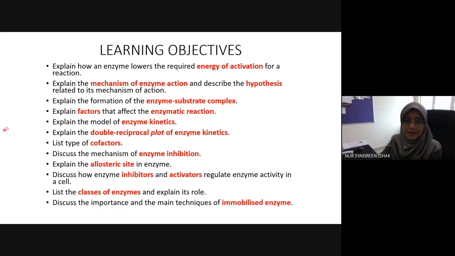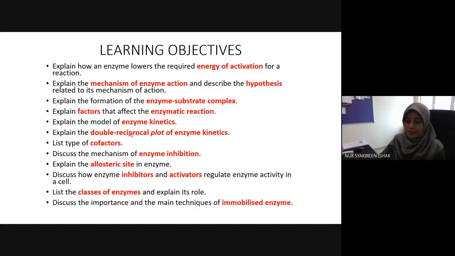And then the next one is to explain factors that affect the enzymatic reaction. You have several factors: temperature, pH, concentration of enzyme, concentration of substrate, and also inhibitors that affect the rate of enzyme reactions. Every enzyme has its optimum factors to catalyze the reaction, its own optimum temperature and optimum pH.